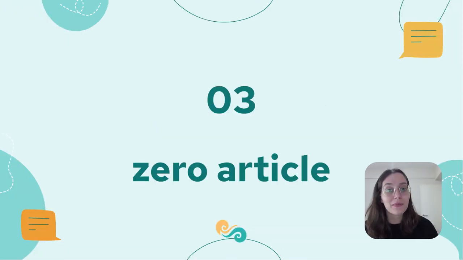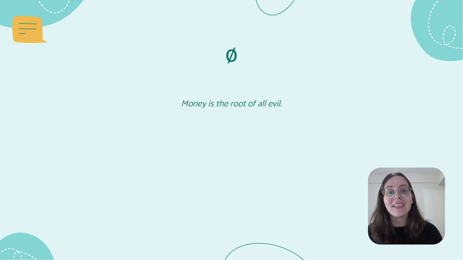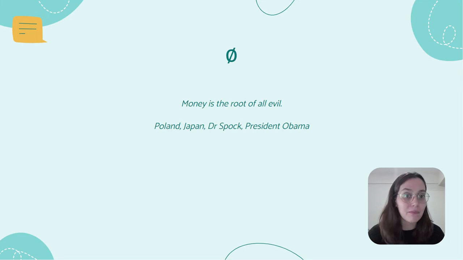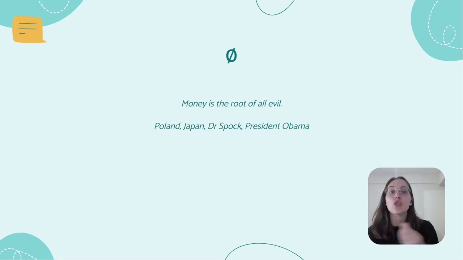And then here is where my half article appears, the zero article. This is where the challenge appears for us Spanish speaking people, because we don't have this in Spanish. But in English, money is the root of all evil. And other examples, as in Poland, Japan, Dr. Spock, President Obama. When do we not use an article, or when do we use a zero article?